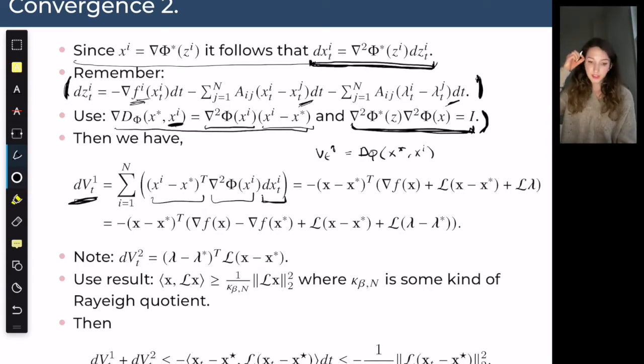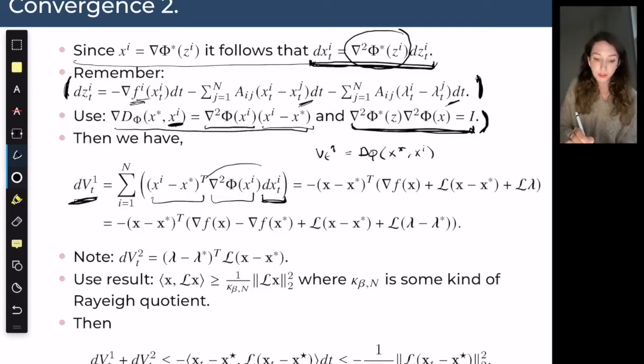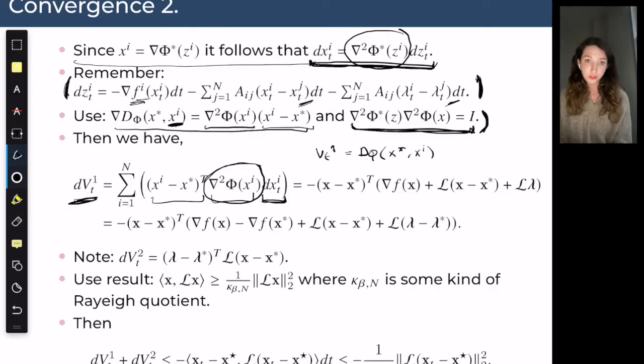And the interesting thing here is that because our dxti dynamics have this Hessian of our convex conjugate of the mirror map, and because from the derivative of the Bregman divergence in the second variable we get this Hessian of the original mirror map, these things essentially cancel out using this second property over here.